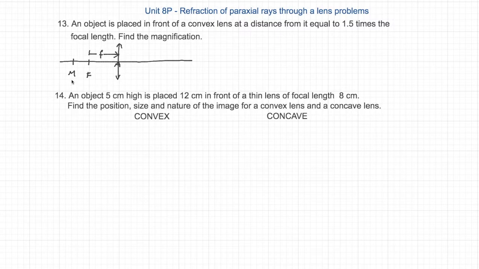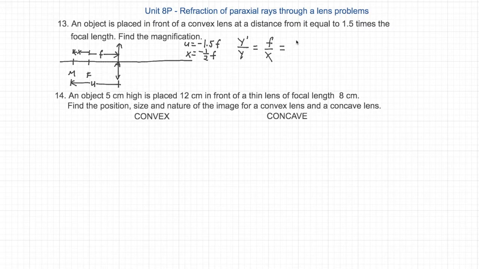We're given that U, which is measured from right to left, is 1.5 times the focal length measured from left to right. X is the object distance from the focal point F to M, also a leftward direction. If you look at the diagram, U equals -1.5 F and X equals -1/2 F.